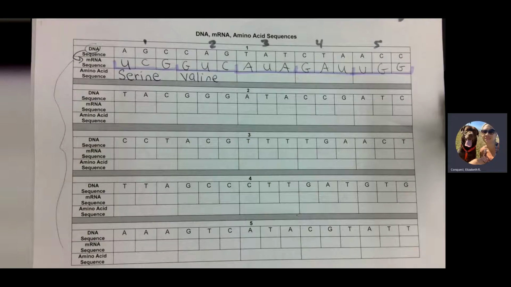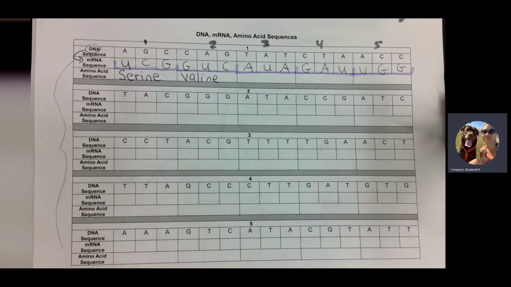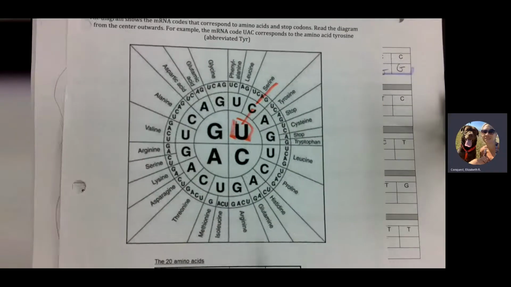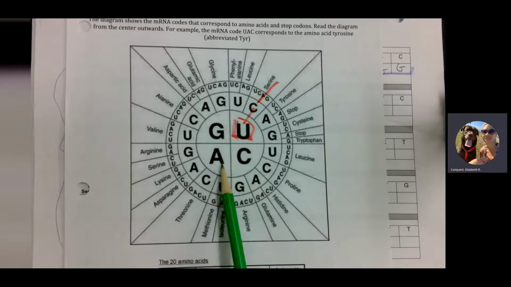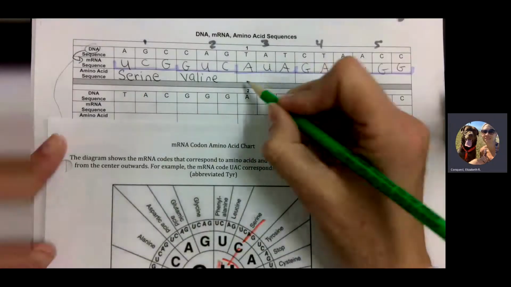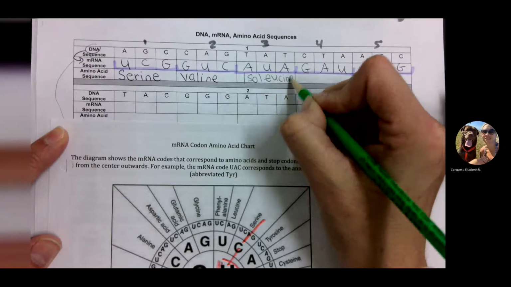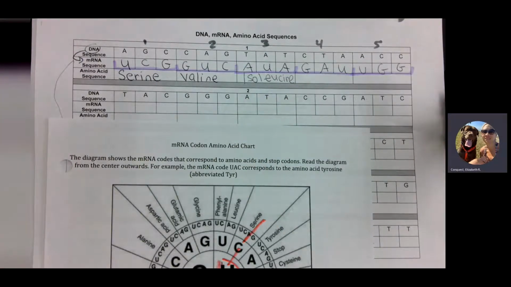All right. The Nearpod had some questions. I think it wanted you to find AUA. Well, if I look at my special chart, AUA, I'm going to start here. AUA, so isoleucine should have been our next word. All right, isoleucine.